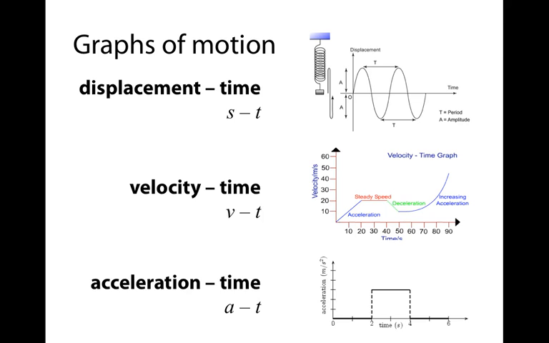So, specifically referring to graphs of motion, what are we talking about? Well, we're talking about three different types of graph: displacement time, velocity time, and acceleration time. So all these three graphs have time on the x-axis, but the y-axis varies. Now if you look at the graphs on the right, there's three examples of the graphs there, and the first thing that you should observe is that it's pretty easy to confuse them.